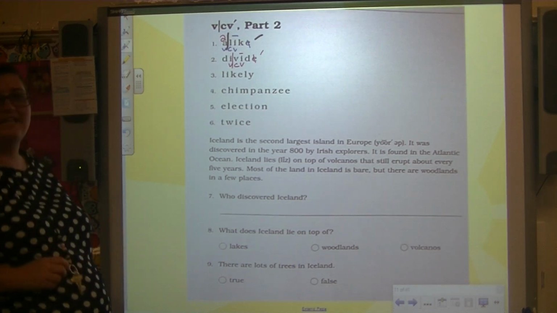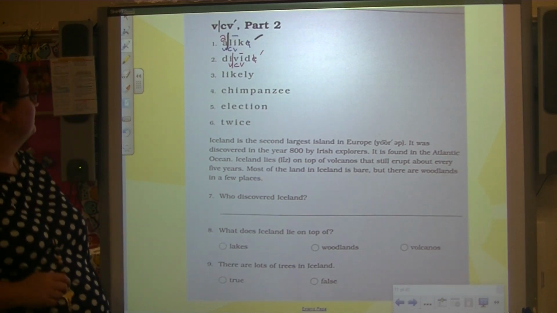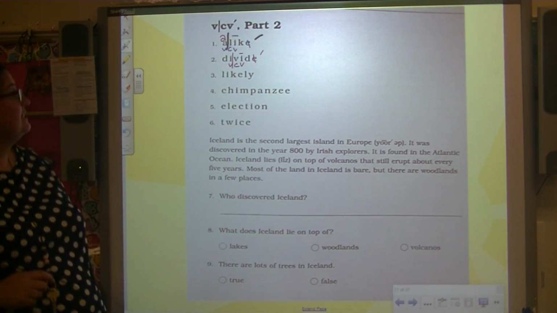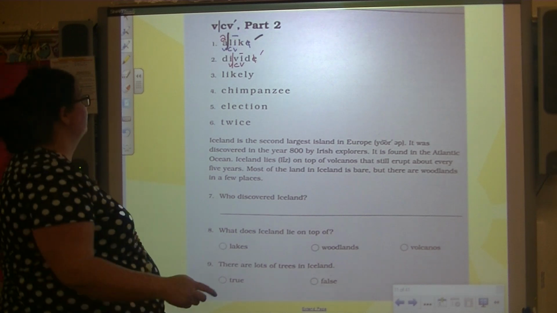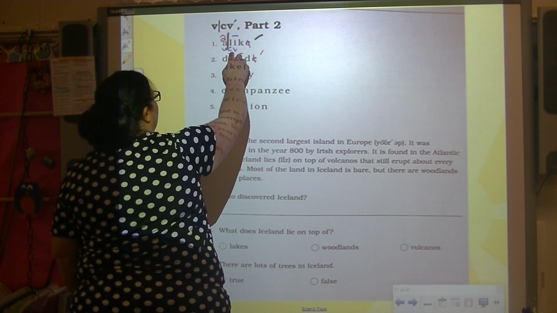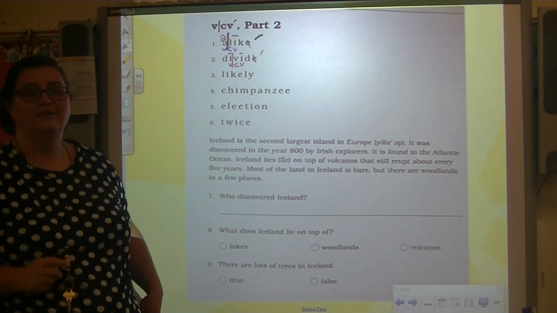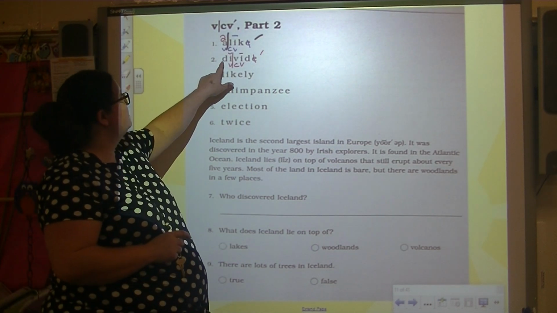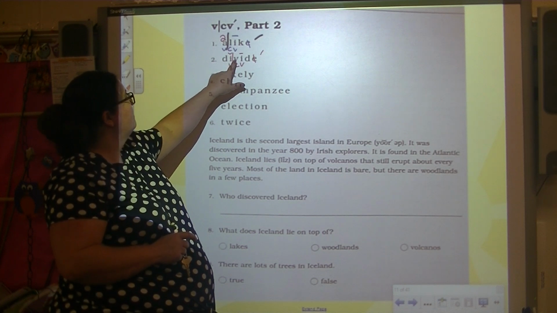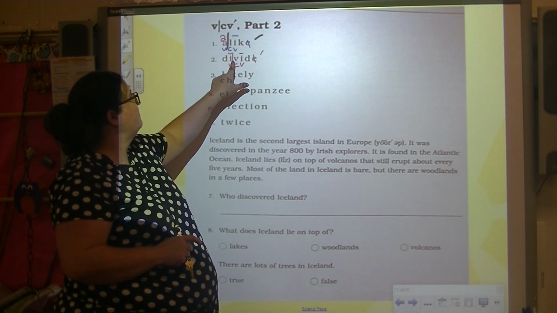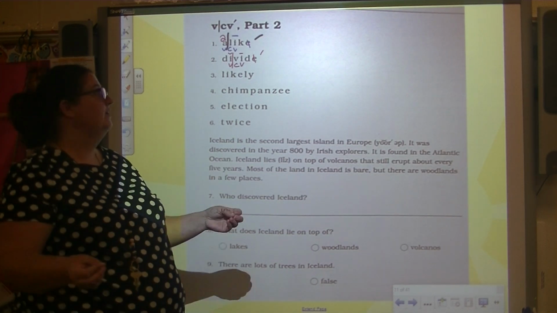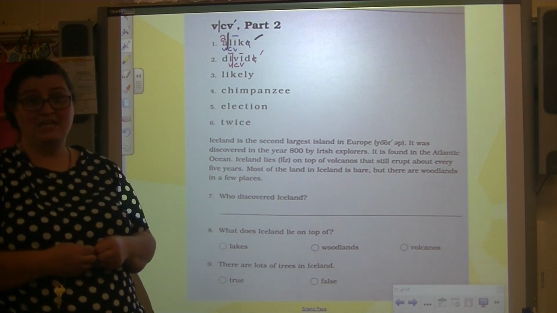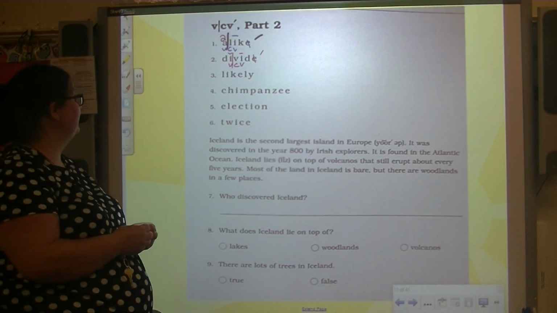Accent is on the second syllable. And we said that the I could be short. So let's sound it out. Divide. What word? Divide. We will divide numbers in 3rd grade.